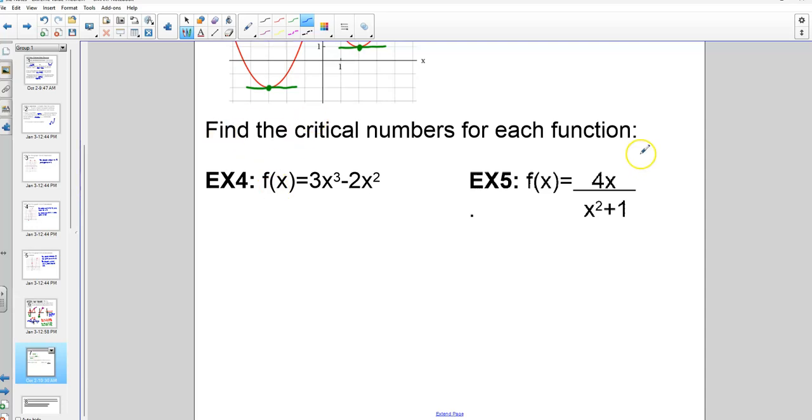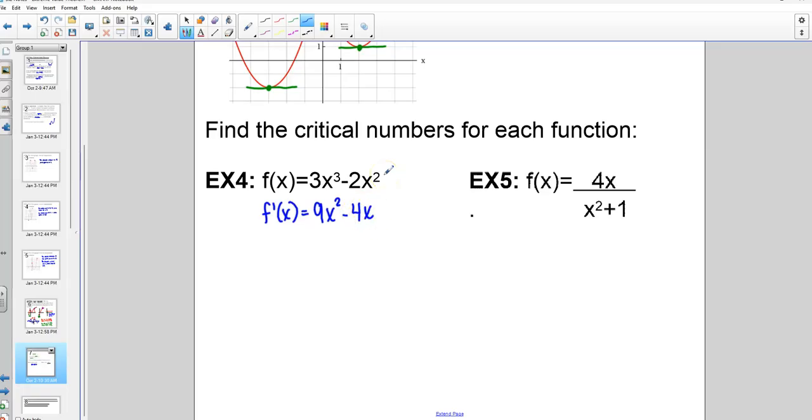So if I'm finding the critical numbers for each of these, just critical numbers. Critical numbers are where the derivative is 0 or undefined. So if I have a problem like number 4, I need to find the derivative. Okay? At this point, we should be experts in this. We are just going to get 9x squared minus 4x.